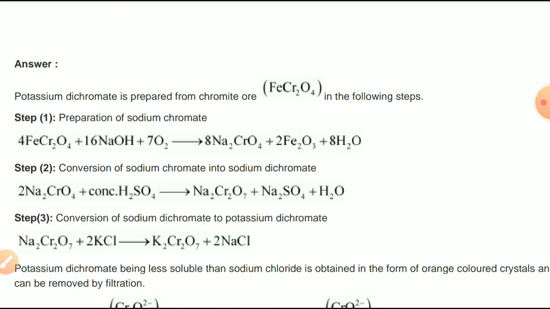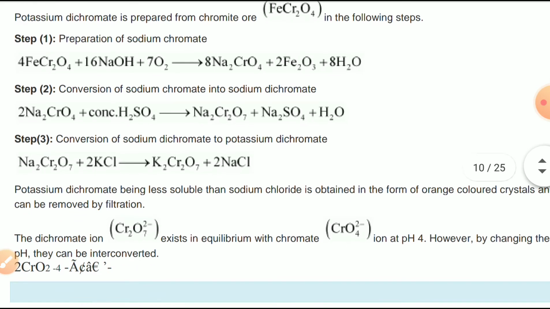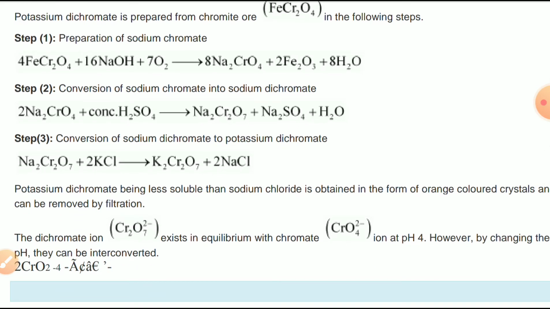Step number 1. 4 FeCr2O4 plus 16 NaOH plus 7O2 is giving 8 Na2CrO4 plus 2 Fe2O3 plus 8 H2O.